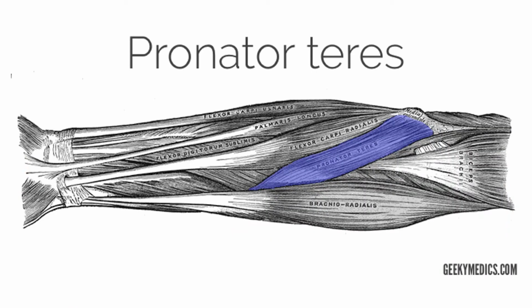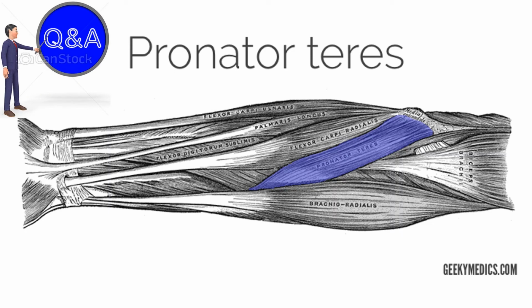Let us discuss the pronator teres muscle and ask ourselves a few questions. What is this structure? Of course, this is the key structure in locating these muscles of the anterior compartment of the forearm, and it is the biceps brachii tendon. If we go lateral, then we will find the brachioradialis muscle.